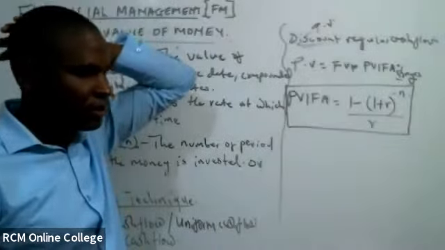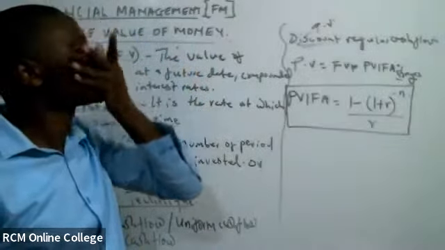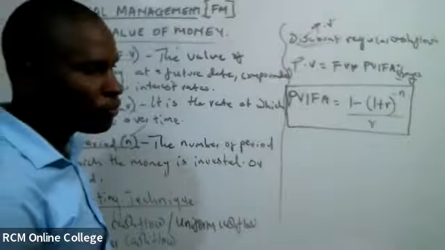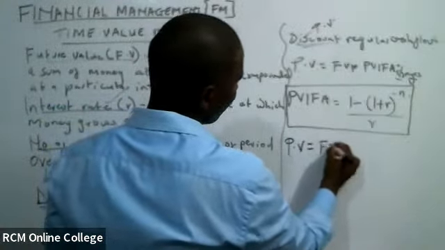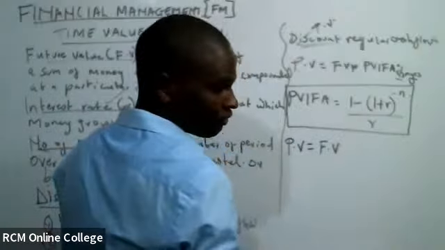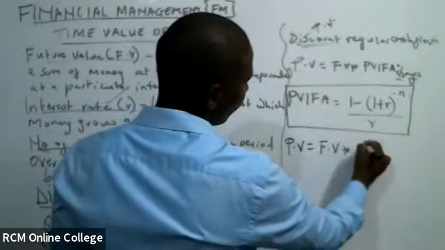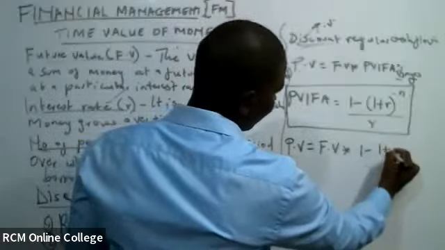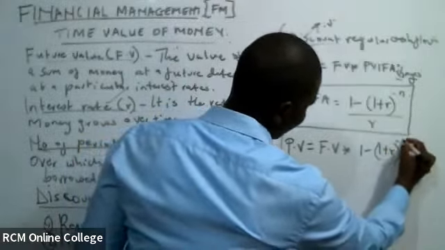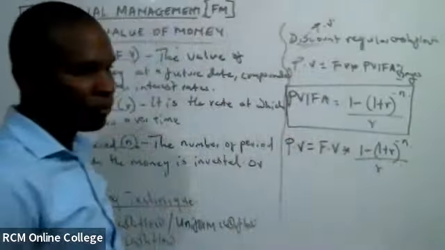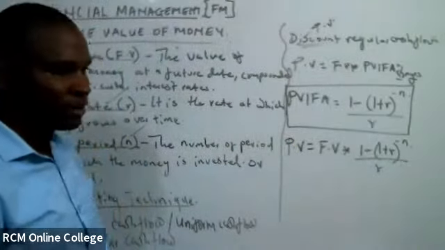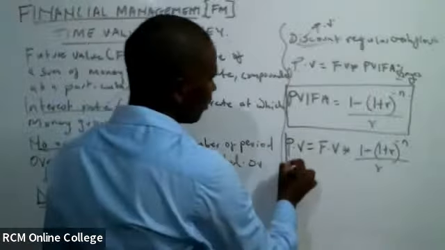R is the rate, n is the number of years. Putting it all together, present value is equal to future value times 1 minus (1 plus R) raised to -n, divided by R, and remember to put that bracket. This will give me the present value.